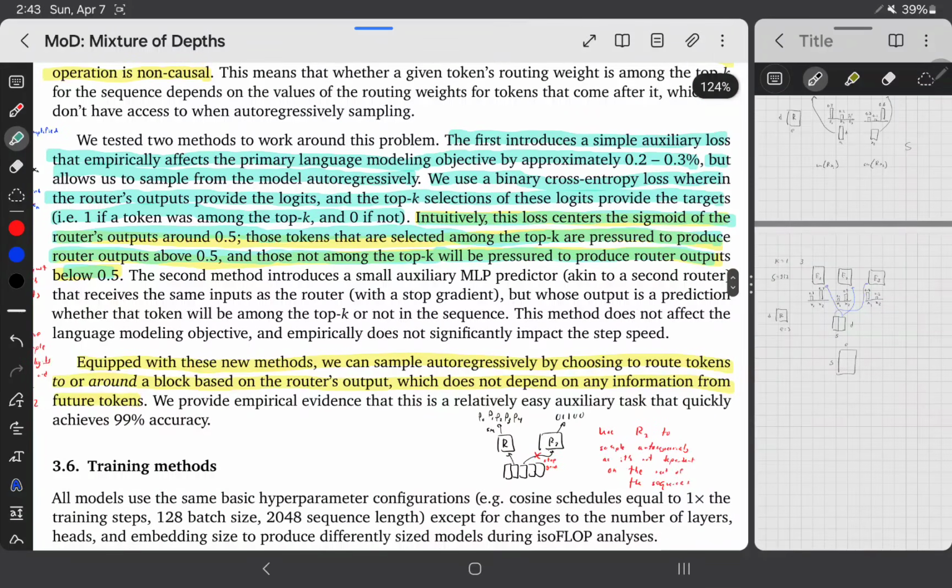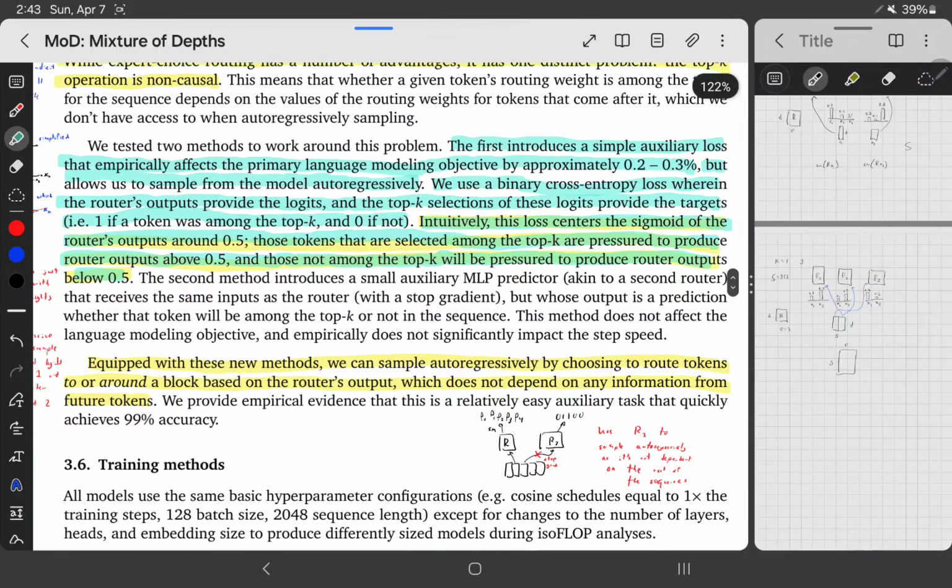This is basically just using an MLP to transform the weights instead of using the same exact weights. So, a small MLP predictor, a second router that receives the same inputs with a stop gradient, but whose output is a prediction whether that token will be among the top K or not in the sequence. This method does not affect the language modeling objective and empirically does not significantly impact the step speed.